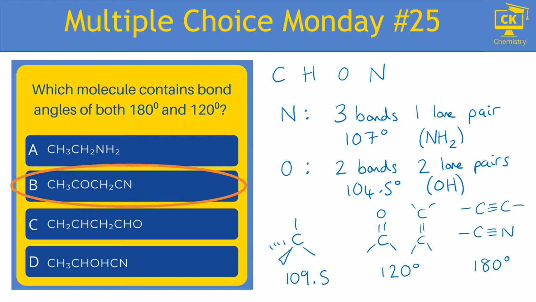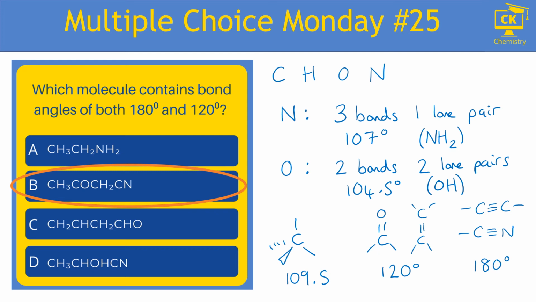So that means that I can basically look along the molecule. If I see CH3, CH2, all of those are going to be 109.5. I then see an NH2 for A, and that's going to be 107. Looking at B, CH3, 109.5. CO, there's a double bond there, that's 120.